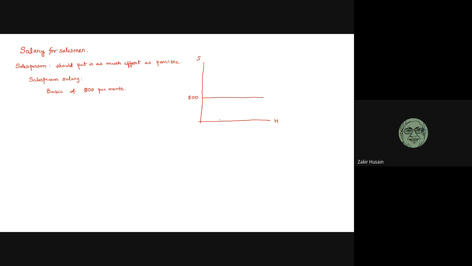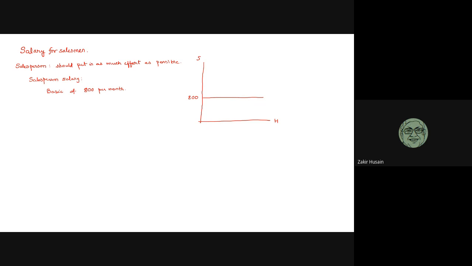Now, in this case, if the salesman works more, he supplies more hours, will he get any benefit? No, sir. On the other hand, he is likely to lose because if he works, he's going to get tired. He could have done something else during this time. In other words, we say that a person suffers disutility if he supplies work.